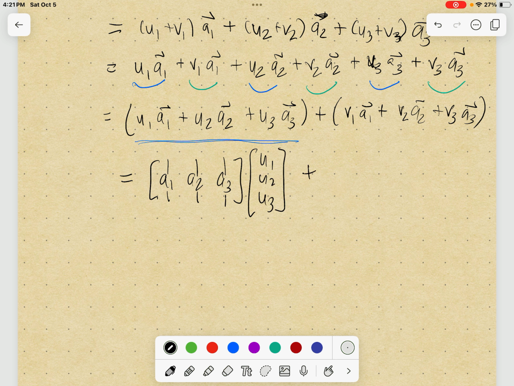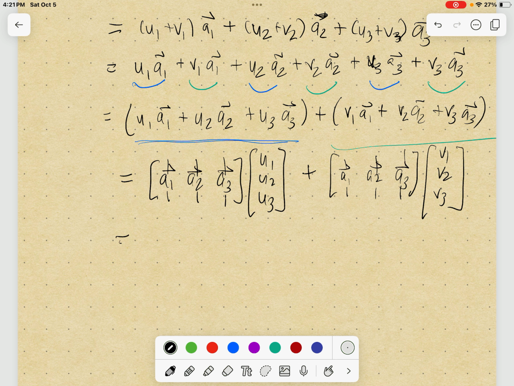And then the thing on the right, that is equal to the matrix whose columns are a1, a2, and a3 times the vector whose components are v1, v2, and v3. And that's precisely A times u plus A times v.